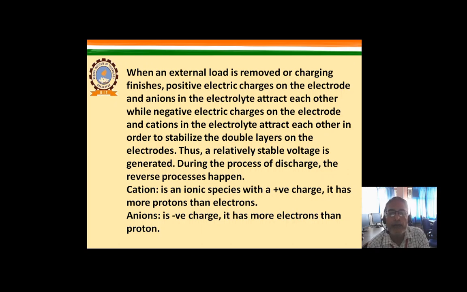Thus, a relatively stable voltage is generated. During the process of discharge, the reverse process happens. As I have already mentioned, a cation is an ionic species with a positive charge, it has more protons than electrons, and an anion has a negative charge, it has more electrons than protons.